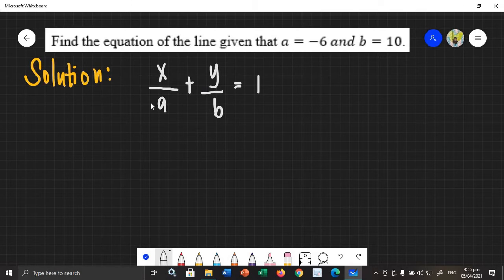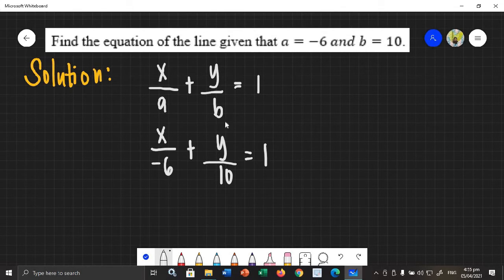In the intercept form, there are variables a and b, so that is where we substitute the given values of a and b in this problem. We have x over -6, plus y over 10, equals 1.